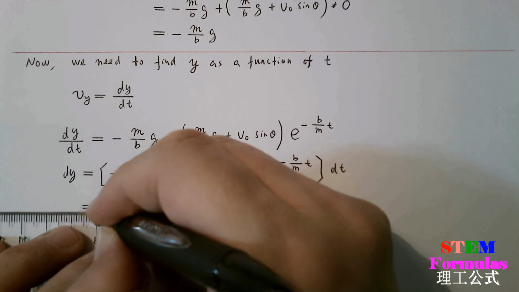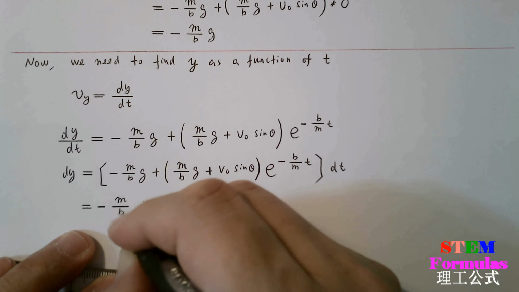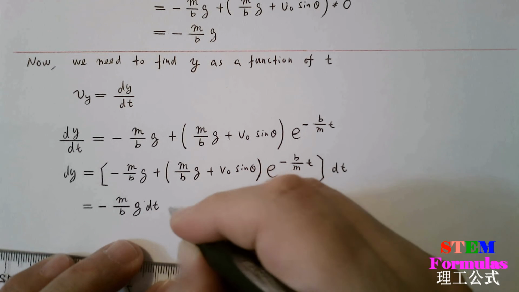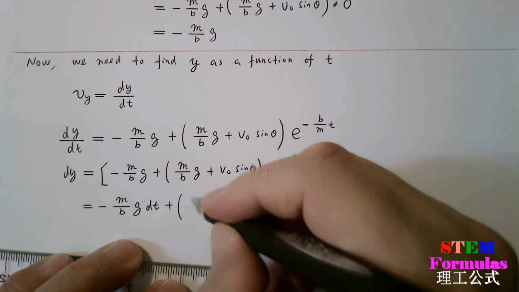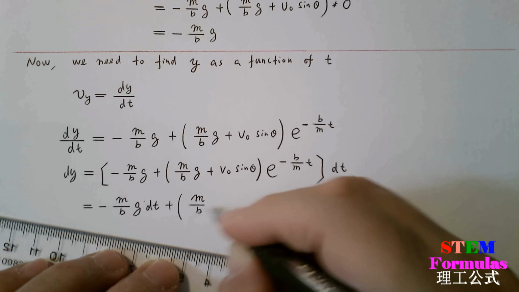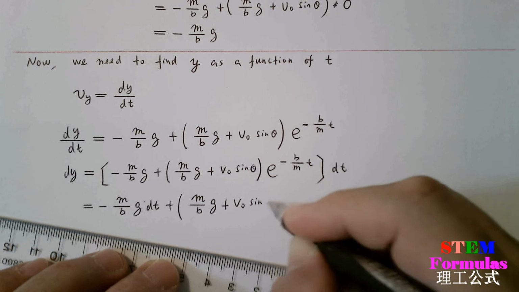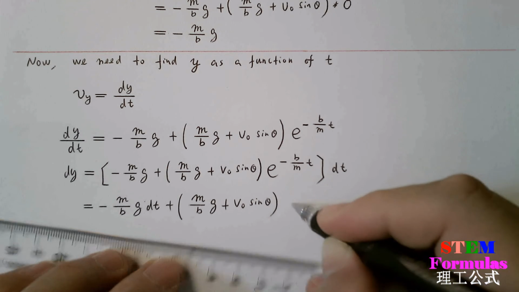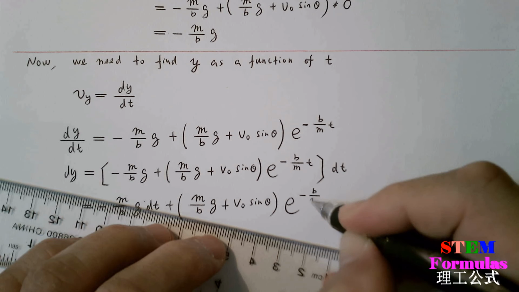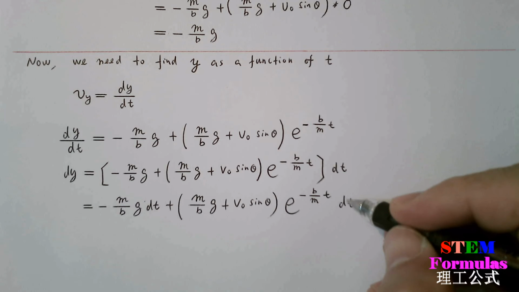So minus m b g dt plus bracket m b g plus v0 sine theta times e to the power minus b divided by m t and dt.